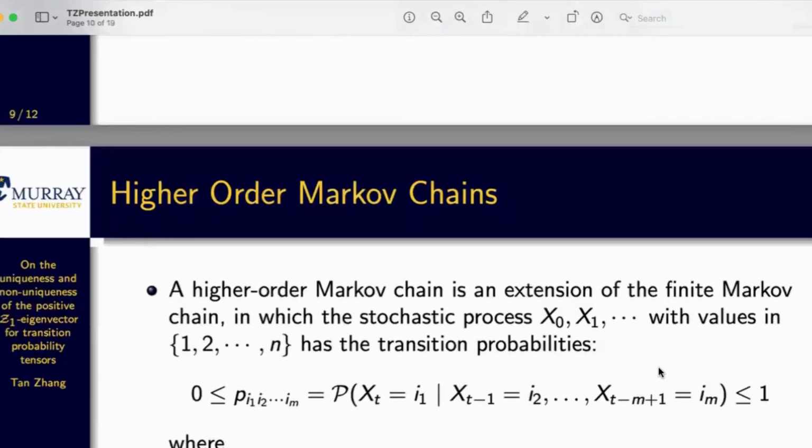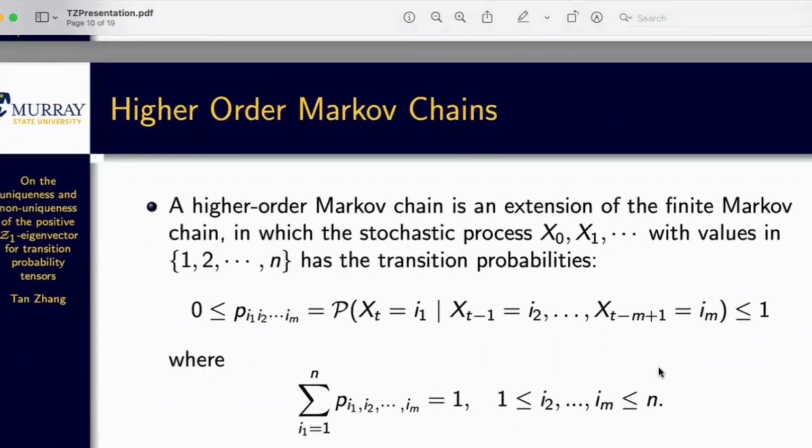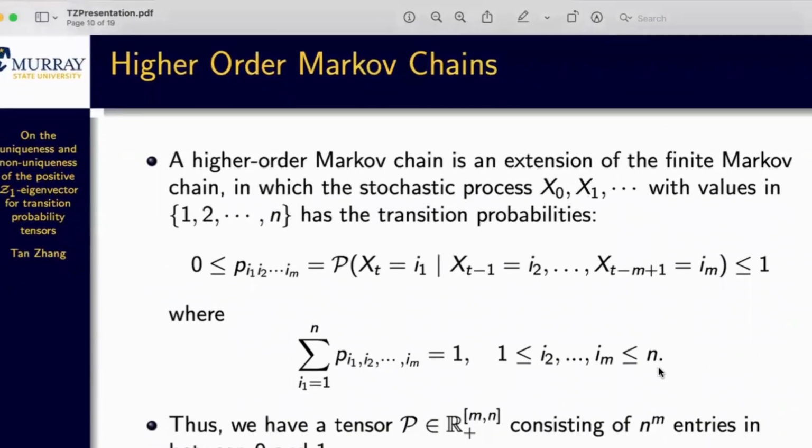So the desire here is to extend the well-studied Markov chains to higher order Markov chains. A higher order Markov chain is an extension of the finite Markov chain. In this case, instead of a matrix, we have to use a higher order tensor.